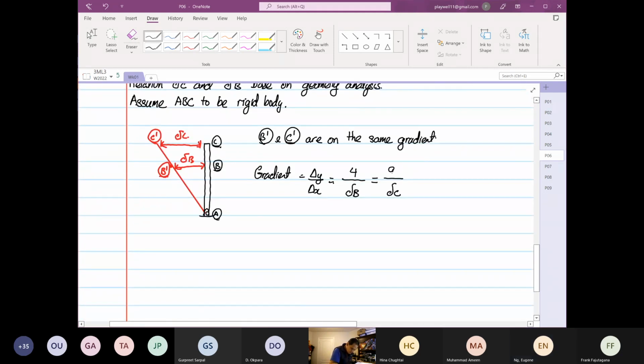So now we can form another equation. Shouldn't the distance from A to B be 6? Yeah, 6, not 4. Yep, 6. Thank you.